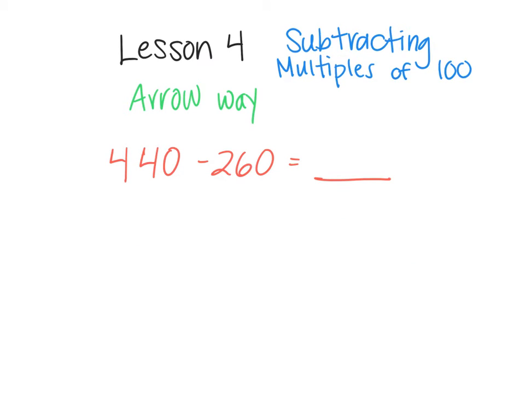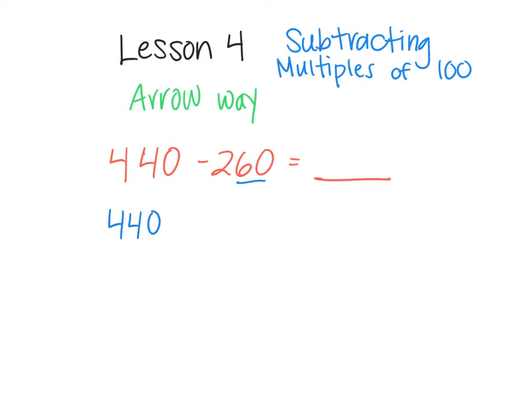So now let's look at a problem like this one, 440 take away 260. If we were to do this problem in vertical form, we would have to do some regrouping because we're going to be taking away a tens number that's larger than in the whole number that we have. So let's see a couple different ways that we can go about doing this. If I have 440 and I'm going to use the arrow way, I can first take away some of my tens place.